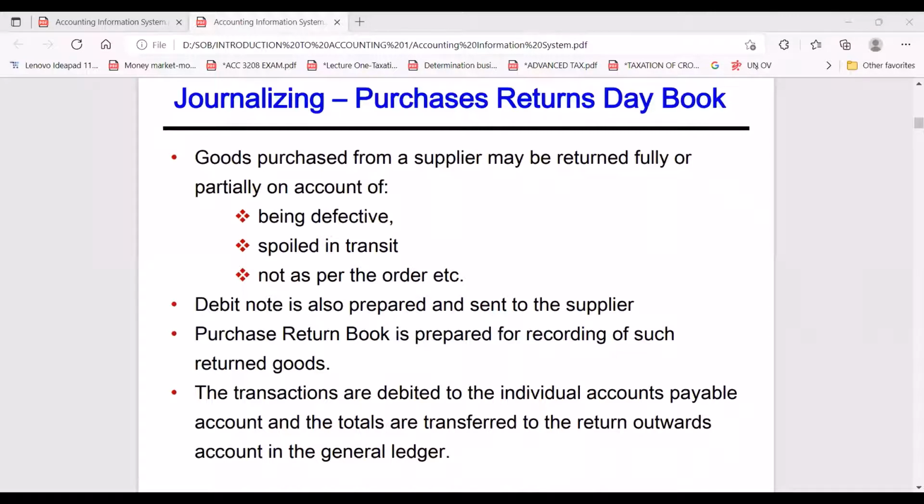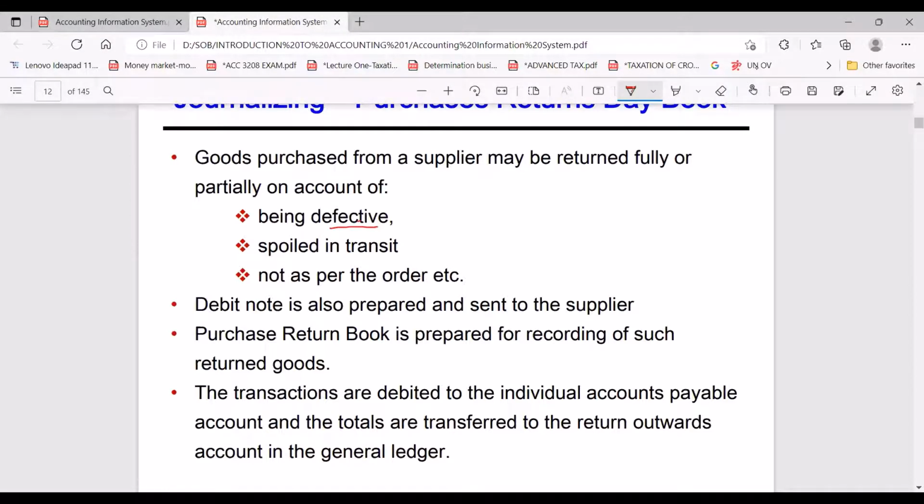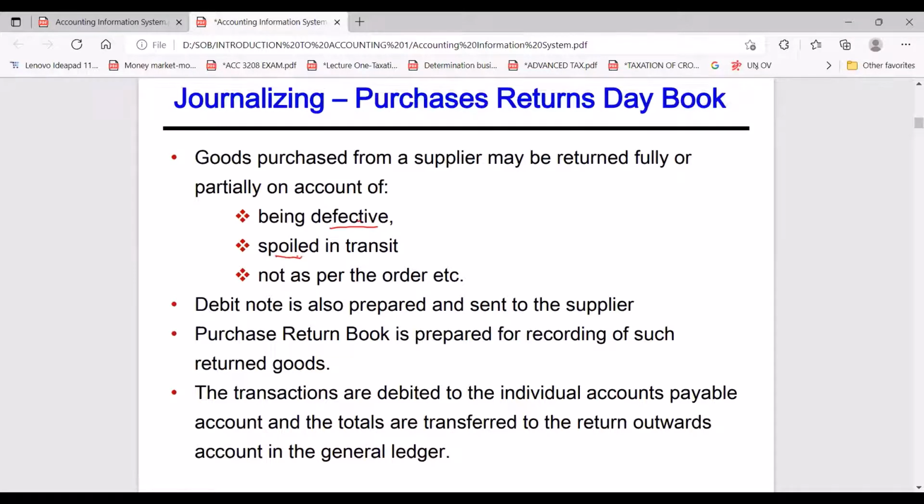At times, goods purchased from a supplier may be returned fully or partially to the supplier. This decision to return the goods may be informed by the following reasons. The goods may be defective, or the goods may have been spoiled in transit, especially where the supplier was in charge of transportation, or the goods may not be as per the order that was made.